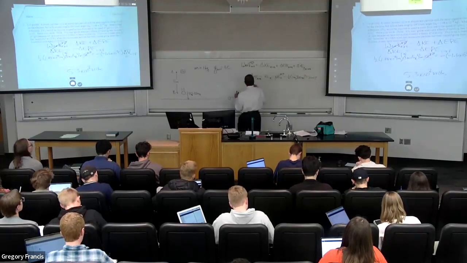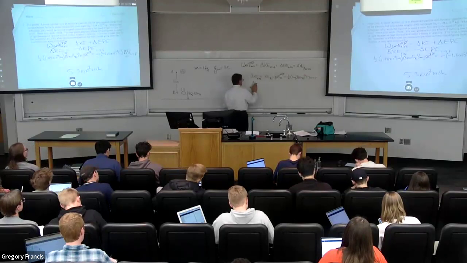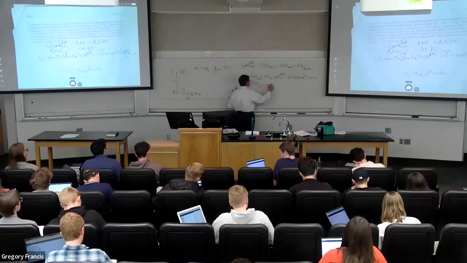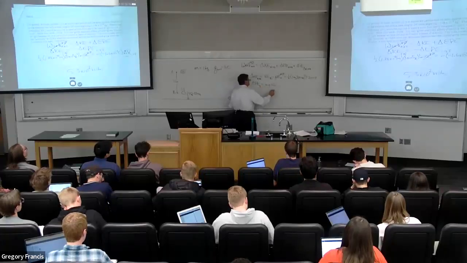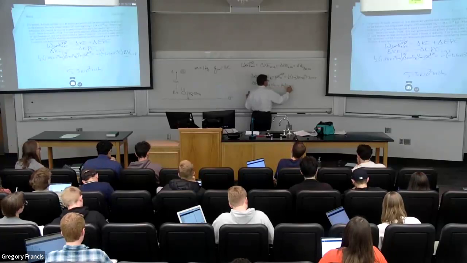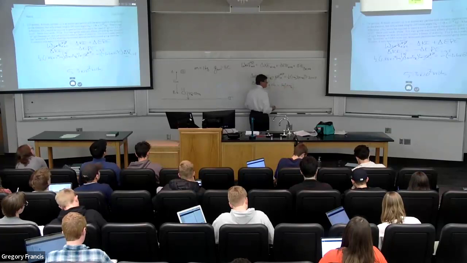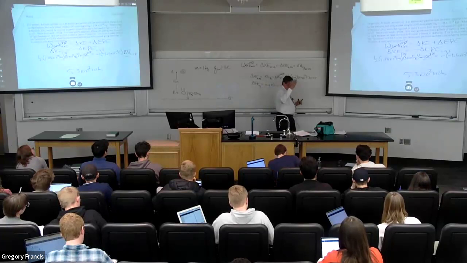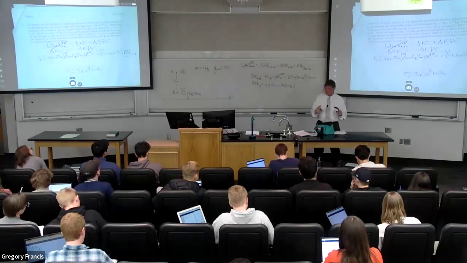Now, the change in gravitational energy is going to be mg times the change in elevation. Well, that's going to be 1 kilogram times 10 newtons for each kilogram, really 9.8, but we call it 10. And the change in elevation, it's going from 5 down to 0.